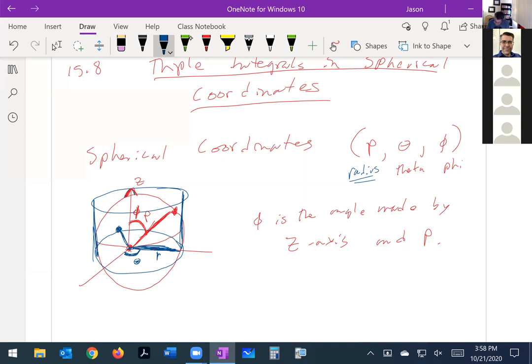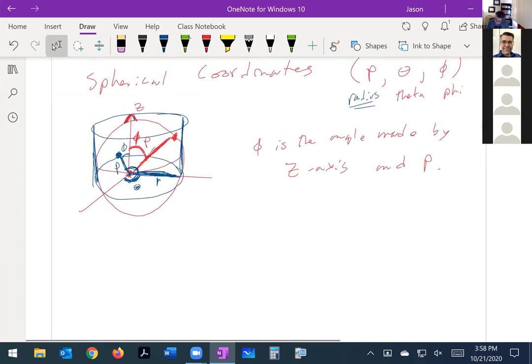That would be a certain rho, a certain radius, and then a degree measure starting at 0, and then we'll go all the way out maybe here. And then we have another phi that goes from the z-axis. Does that make sense?